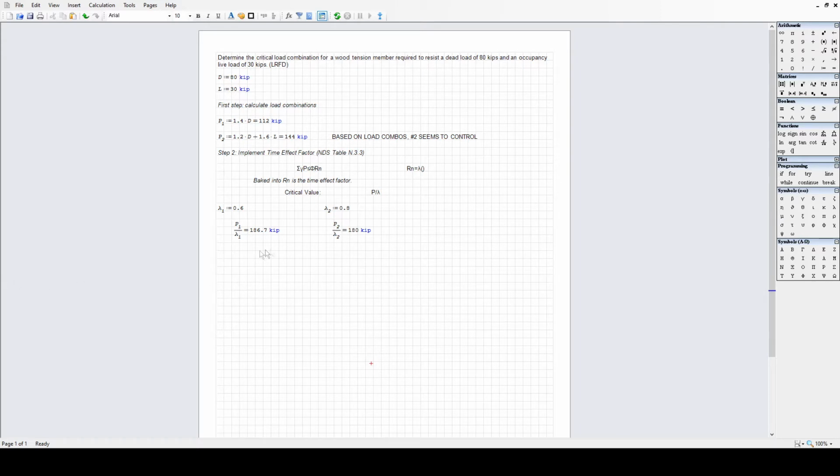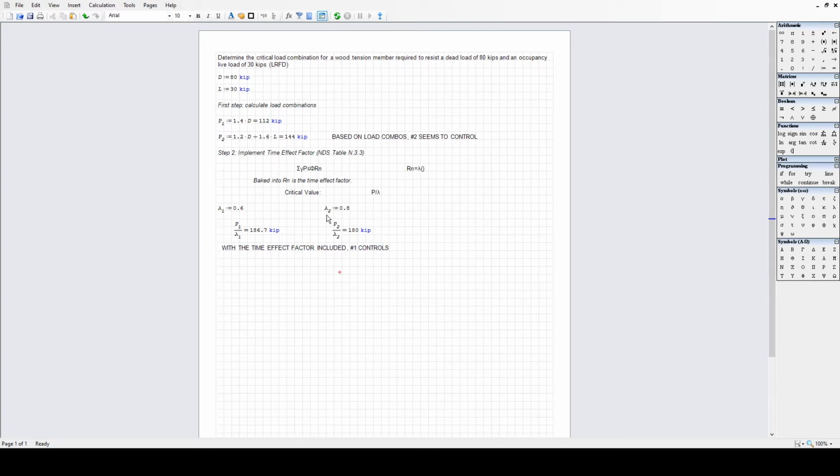So now we see why I chose these particular values. With the time effect factor included, the first load combination, number 1, controls.